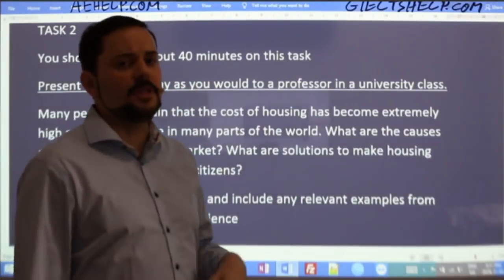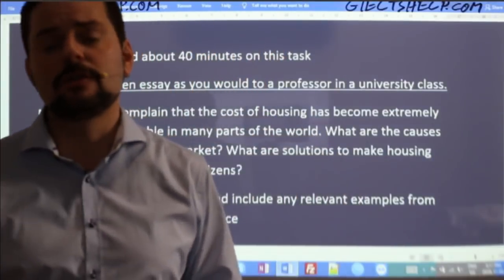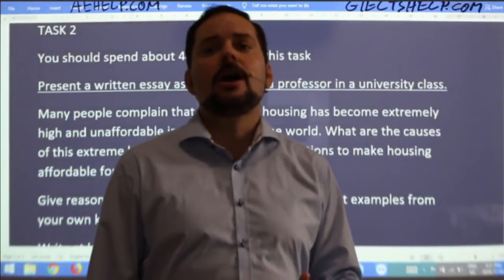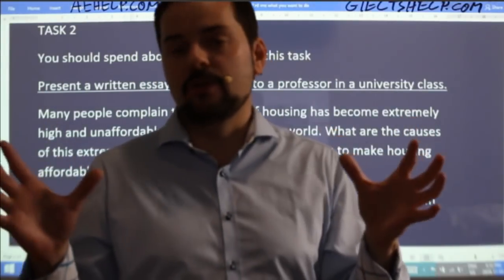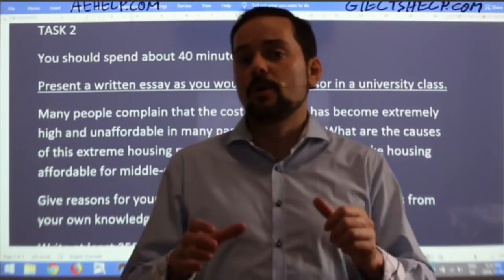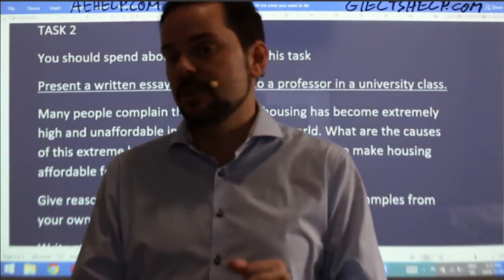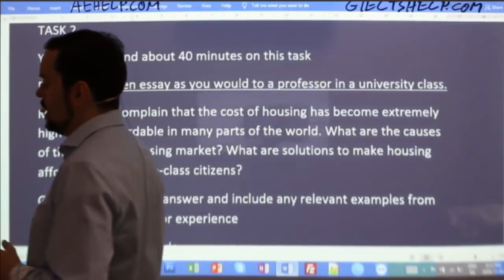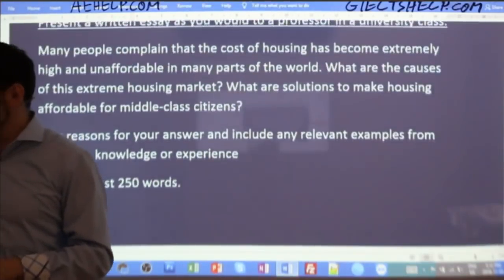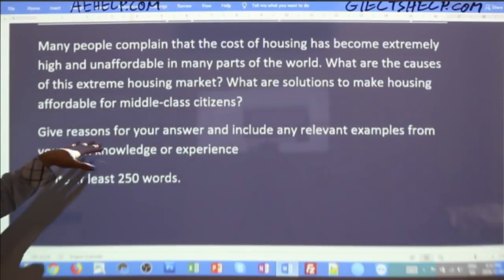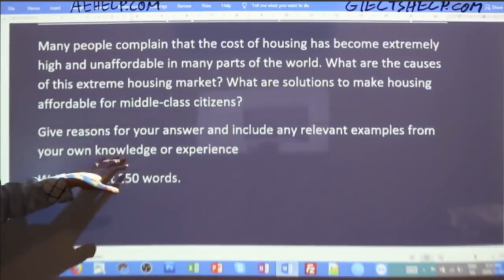Well, in a university class, you don't write first-person voice, okay? Because university, academia, searches for the absolute truth, okay? Not your opinion, but what is true in the world based on research and science. So in this case, you use the third-person voice, even if it says, give reasons for your answer, include relevant examples from your own knowledge or experience.